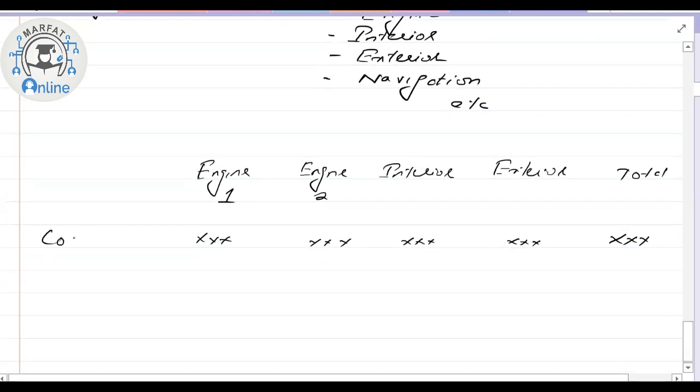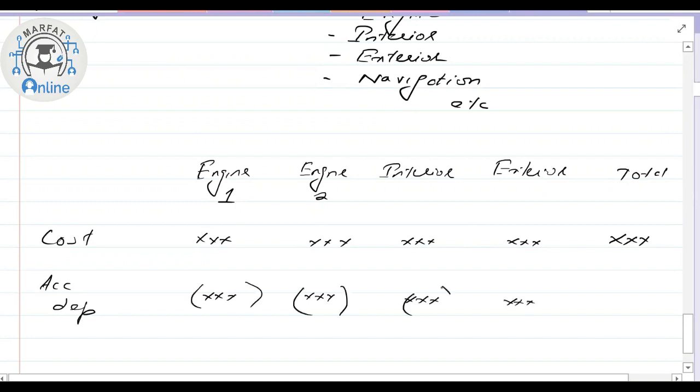So this is cost and accumulated depreciations, and it gives you then the collective carrying value.